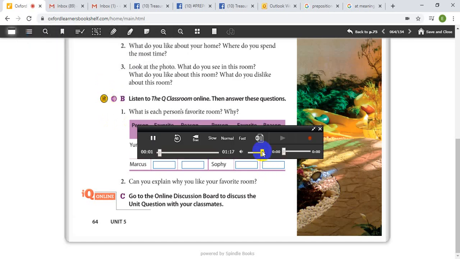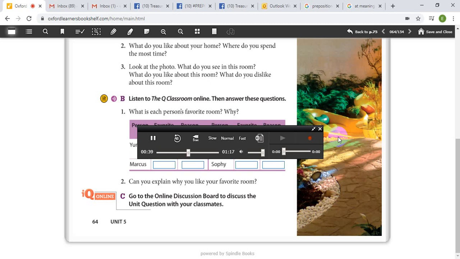Unit 5, Architecture, the Q Classroom. Today, we're going to discuss the unit question, what is your favorite room? Yuna, what's your favorite room in your home? My bedroom. What about you, Marcus? What's your favorite room? I like the living room. We have a big TV in there, and I like to sit there with my family. Felix, how about you? What's your favorite room?